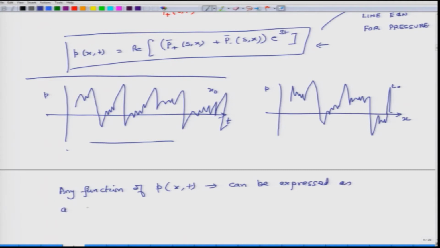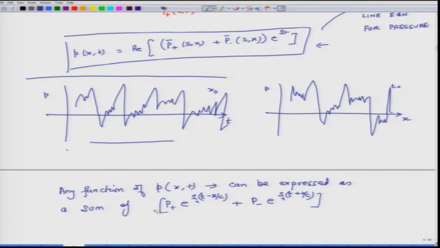it can be expressed as a sum of p plus e to the power of s t minus x over c plus p minus e to the power of s t plus x over c, and here I am putting an index i.